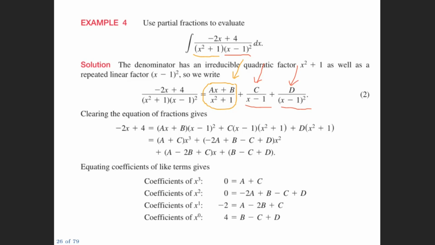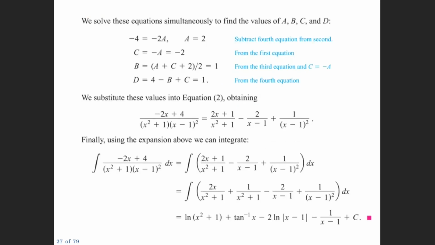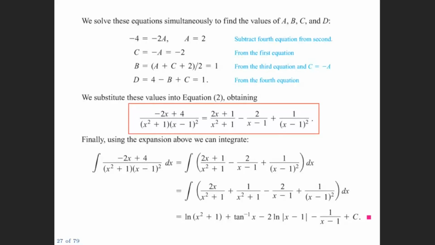Right, let's skip through the details here. Let's skip ahead to this equation. When we do our partial fractions calculation, and you can read the details later, we find that plus 1 over x squared + 1 minus 2 over x - 1 plus 1 over (x - 1) squared.